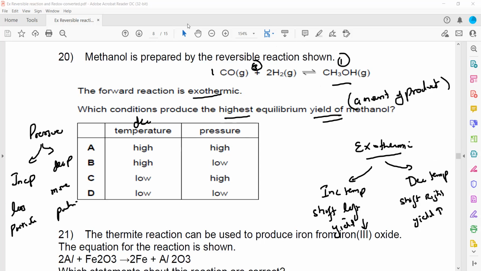So we should increase the pressure, and the equilibrium will shift towards the right hand side. So pressure should be high and the temperature should be low. That's why C is the right answer.